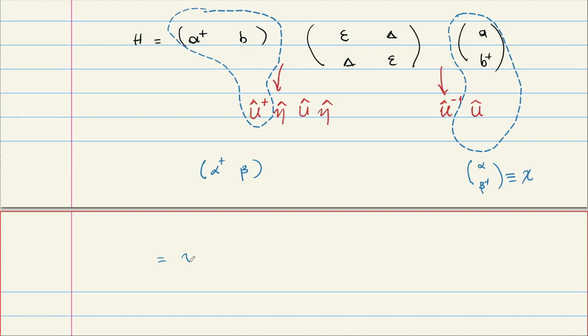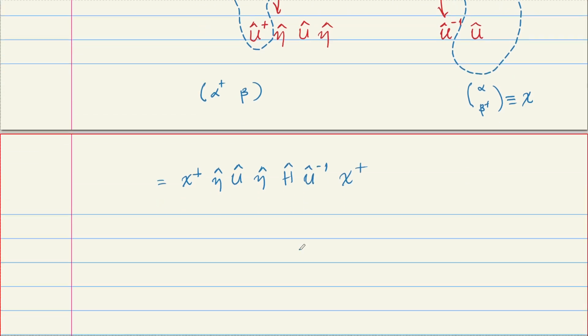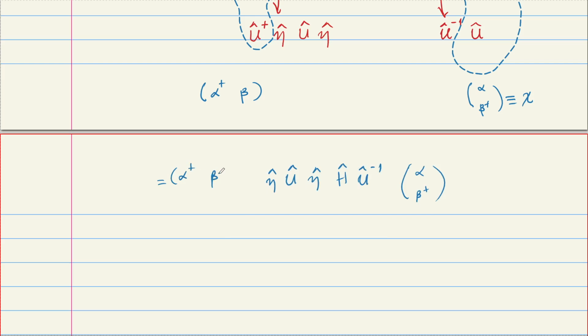This is chi dagger, and what I have here is eta U eta H, and I have one last U minus 1 chi dagger. Actually, I like writing it a little bit more explicitly. Let's do that. This is not chi dagger, this is alpha beta dagger, and this is alpha dagger beta.